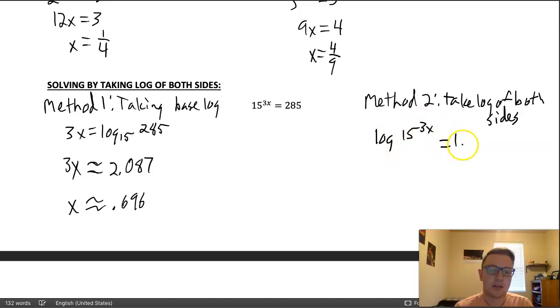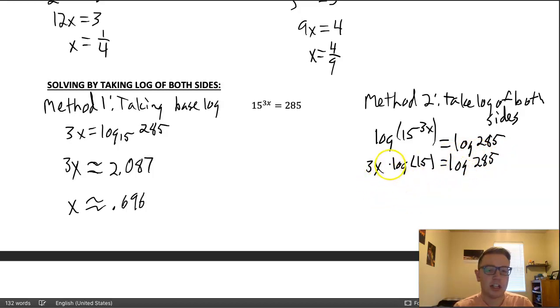And on the other side, you'd have log of 285. Now we have a power inside of a logarithm here, so we can move that out to the front of the logarithm. We can say 3x times log 15 is equal to log 285.